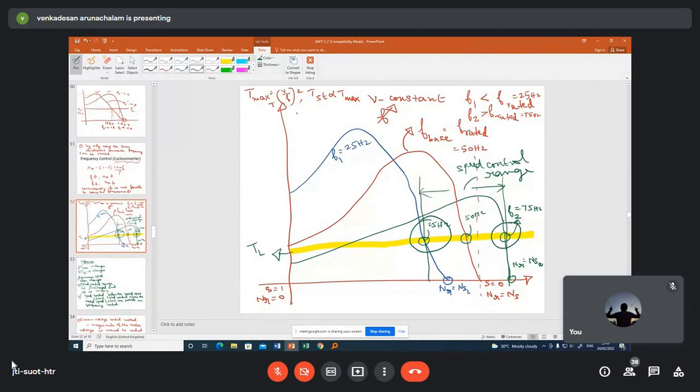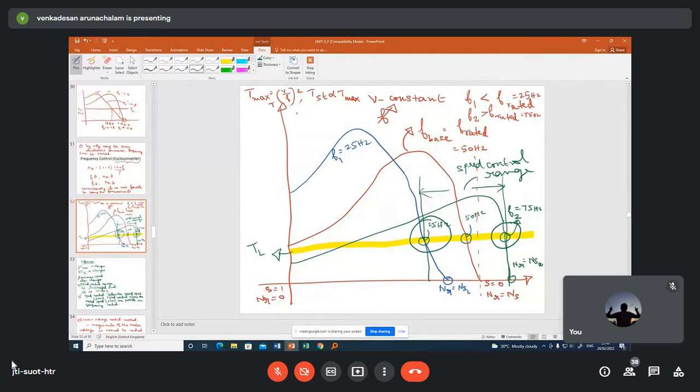Both are possible here. So below the rated speed, you can very well correlate with armature control method in DC motor. It is very much similar. Above the rated speed also it is possible. That is very much analogous to field control in DC motor.